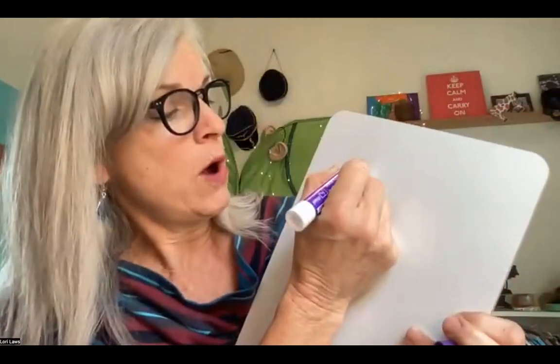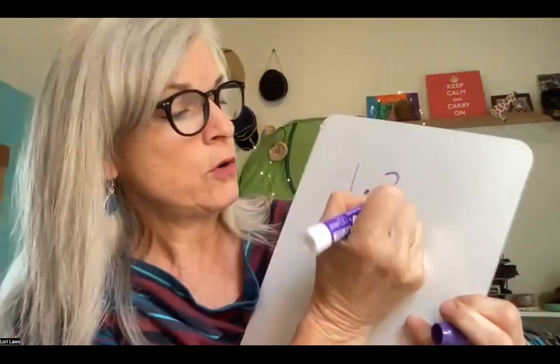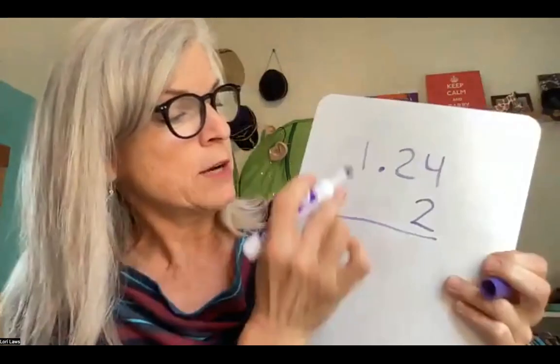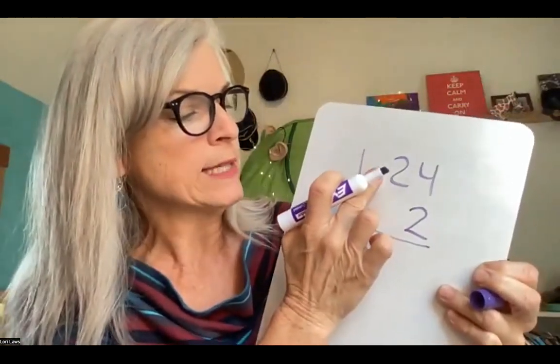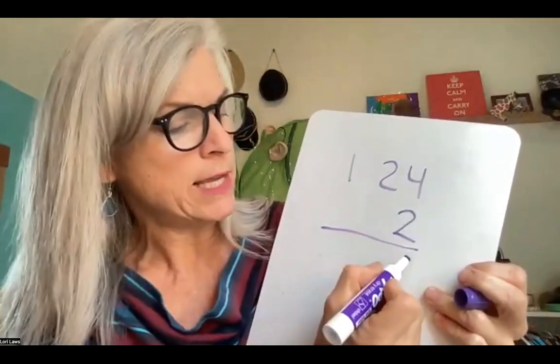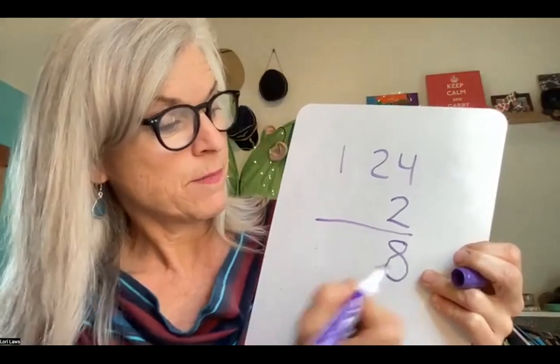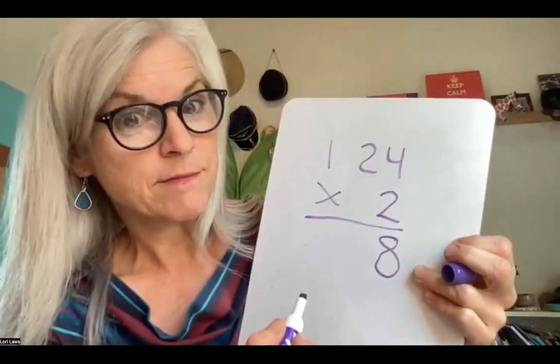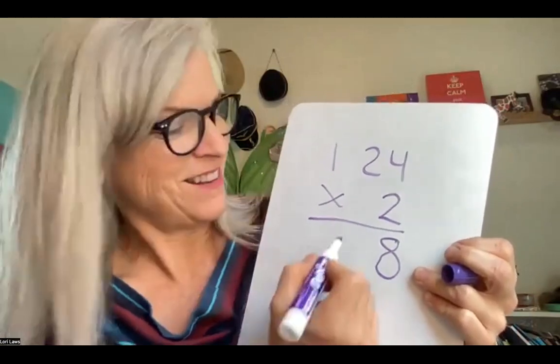So for example, if you had 1.24 and you're timesing it by 2, you could pretend that decimal point wasn't there. Just pretend it's times 2. 2 times 4 is 8. 2 times 2 is, say it, 4.